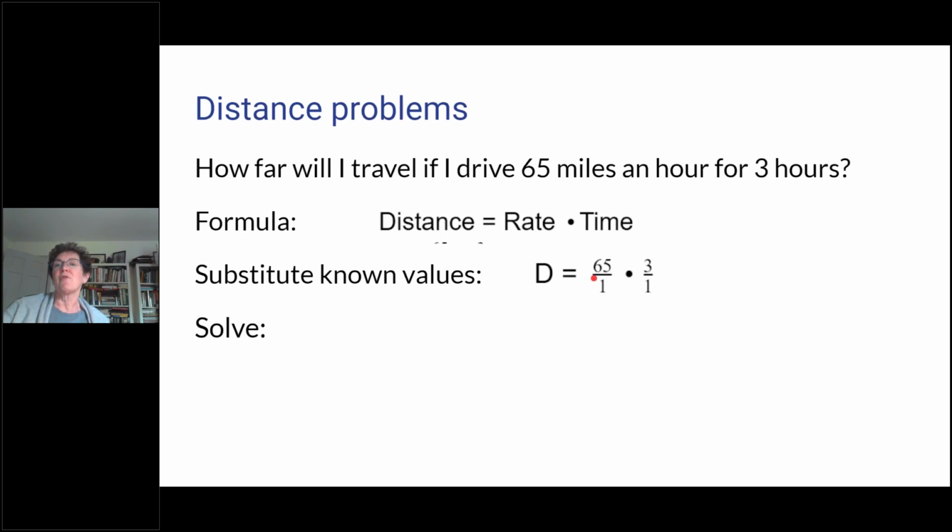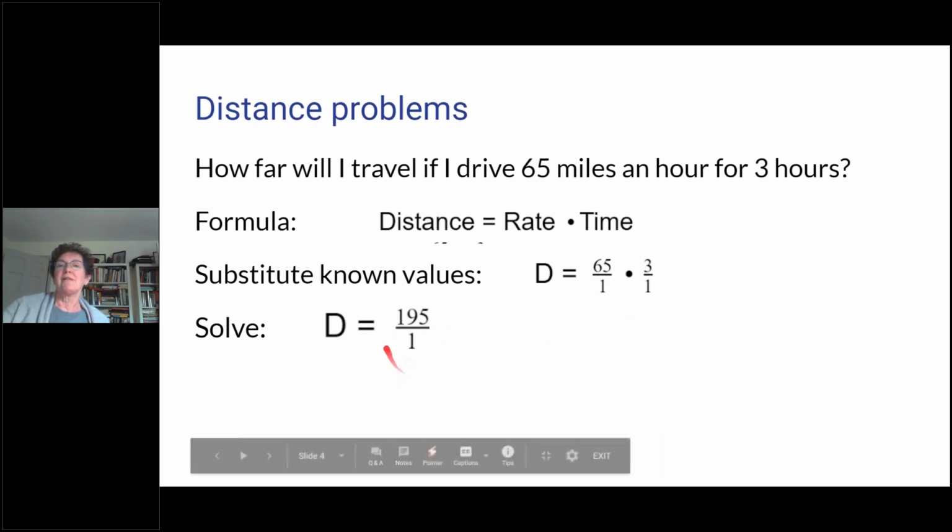And we know if we have two fractions and we're multiplying, then we multiply numerator times numerator and denominator times denominator. And that looks like 65 times 3 is 195. 1 times 1 is 1. Now we can see that this is still written as a fraction.